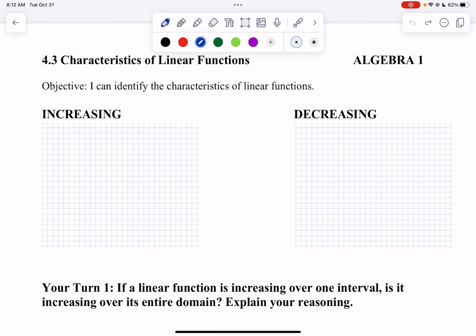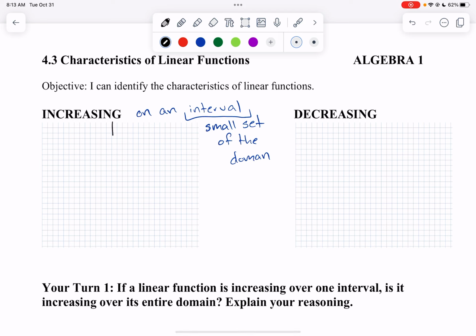And often we talk about whether they're increasing or decreasing on an interval. What we mean by interval is just a small set of the domain. So if we just look at a small set of the domain, we look to see whether it's increasing or decreasing.